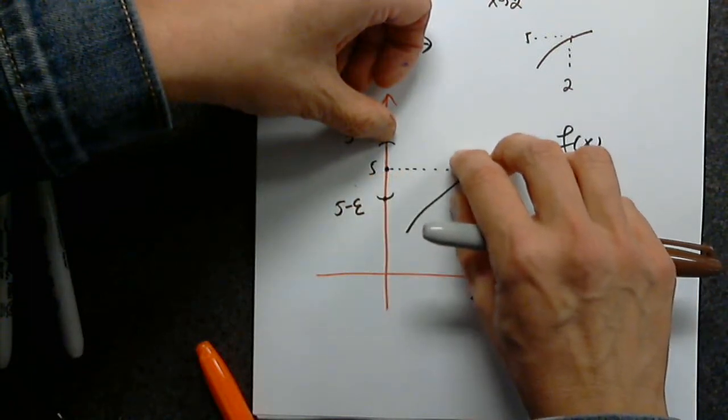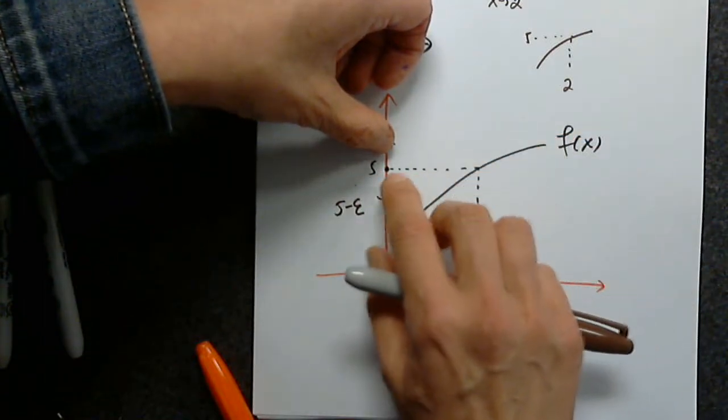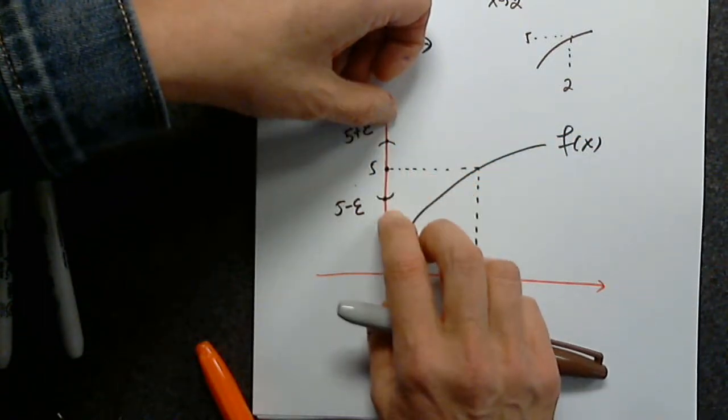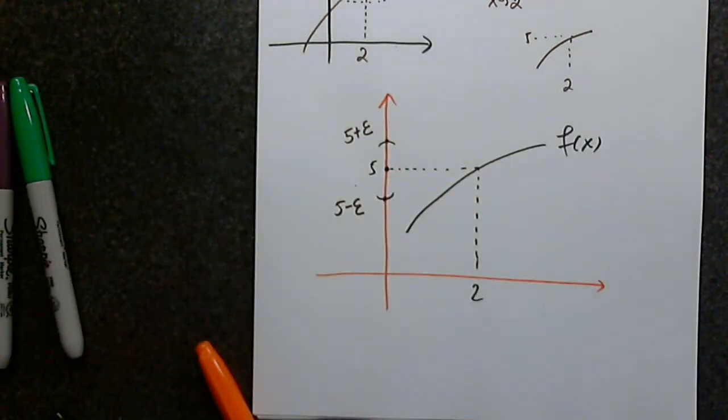And if I zoom in further, it's going to be 0.1. And if I zoom in further, I can make it as small as I want, correct? The limit still exists. I will still have the 5 right in the middle of the interval. If epsilon is 0.5 or 0.4 or 0.1 or 0.01 or 0.0001, it doesn't matter, right?